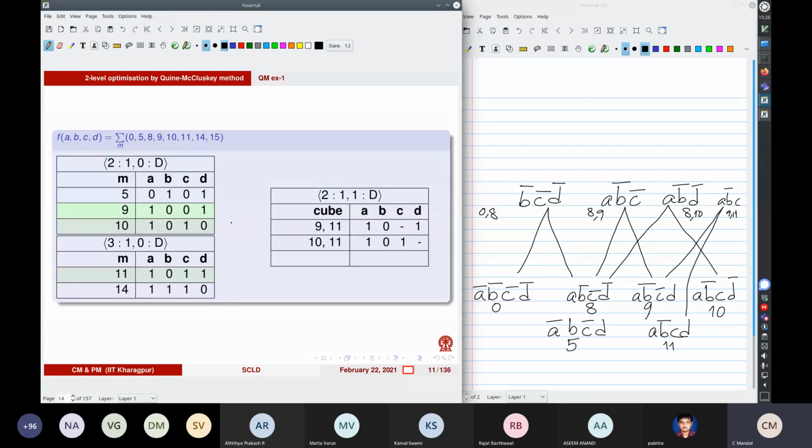And then you can also combine 10 and 11.